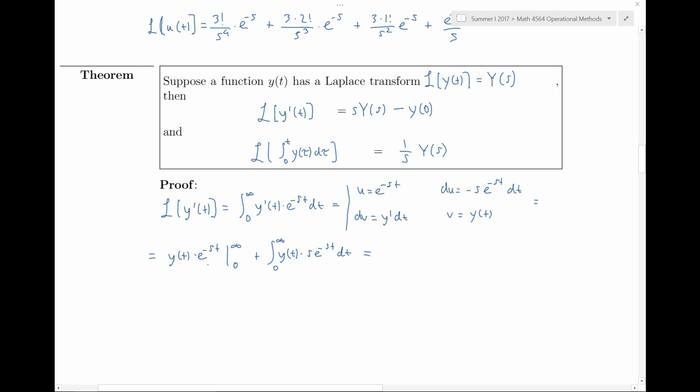So this product at infinity will converge to 0. When I plug in t equals 0, then e to the minus st becomes 1, and y of t becomes just y of 0. So this becomes minus y of 0 plus s times the integral of y of t times e to the minus st dt, which we recognize as a Laplace transform of y.